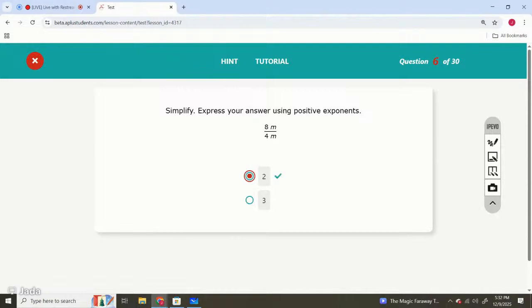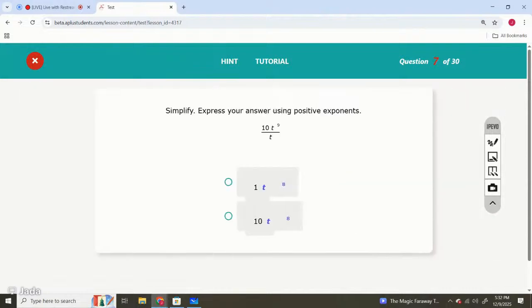It is very good. Option number 1 is the correct option. 10t9 divided by t, which is the correct option?